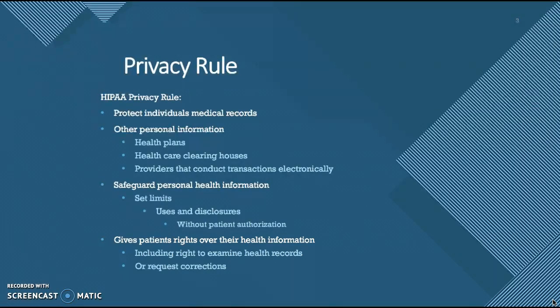It does set limits and conditions on the uses and disclosures that may be made without patient authorization. The rule also gives patients rights over their health information, for instance, to examine and obtain a copy of their health records and to request any corrections.